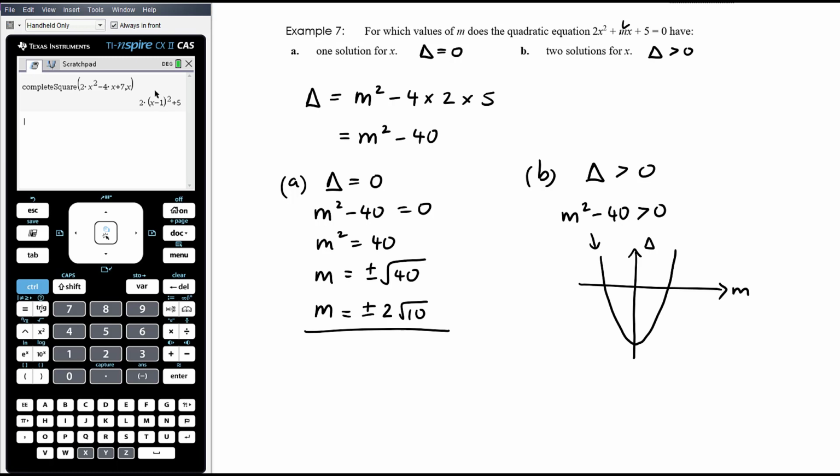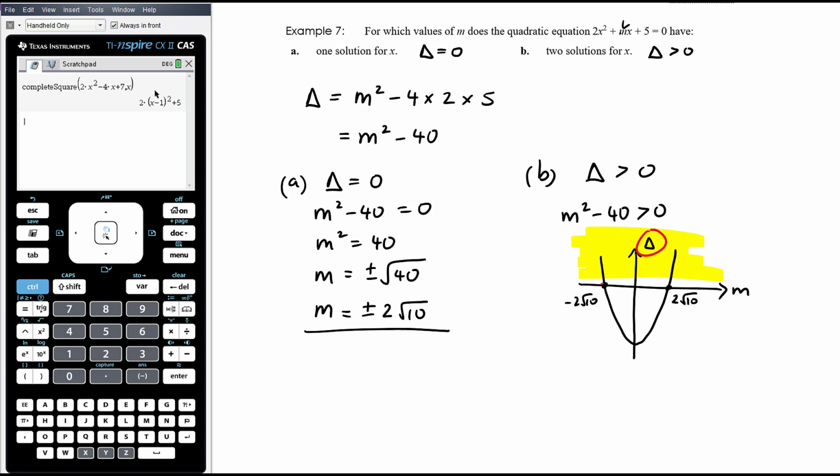So if these axes are now m and discriminant, we've already worked out when the discriminant equals 0. We did that in part A, so this is 2 root 10 and minus 2 root 10. So we want the discriminant to be positive for 2 solutions, which means that we're looking above the x-axis where the discriminant is positive.